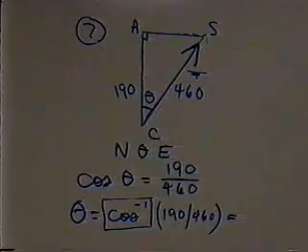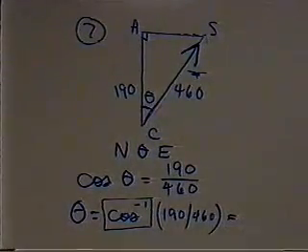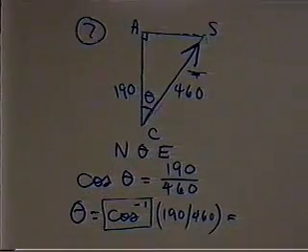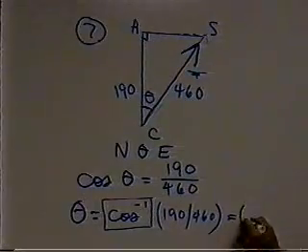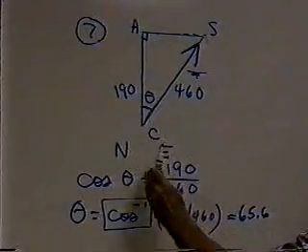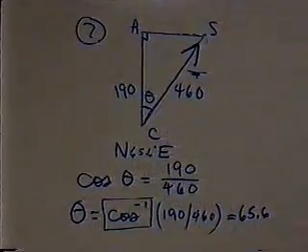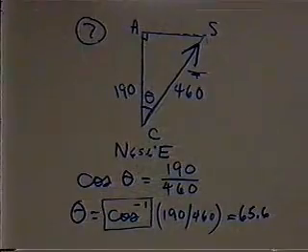And that way you don't have to go through writing down decimals, rounding off, not saving it, or whatever. Just do all of that in one step. And that answer is 65.6. Therefore, the answer to the problem is north 65.6 degrees east.